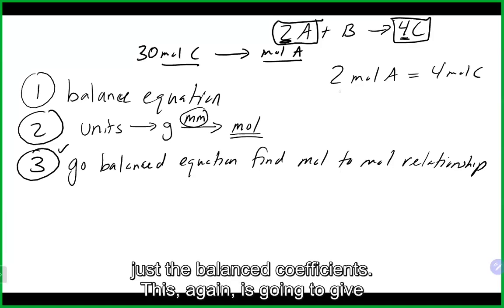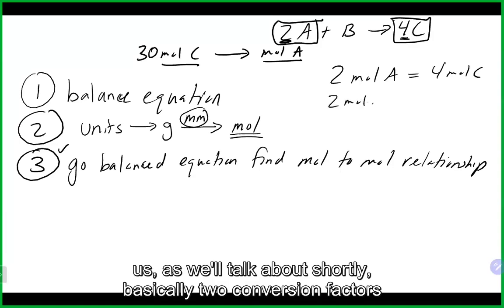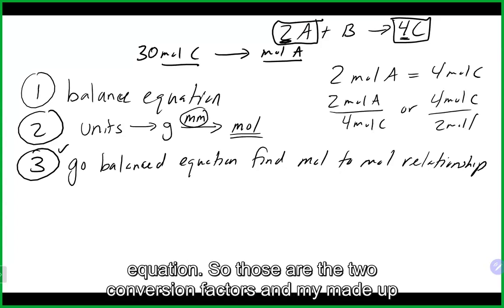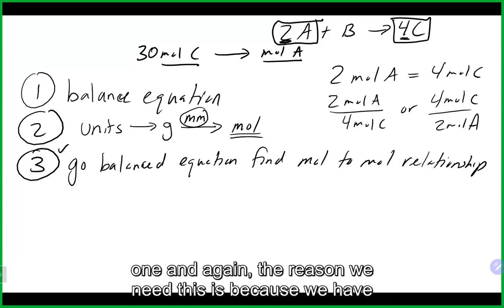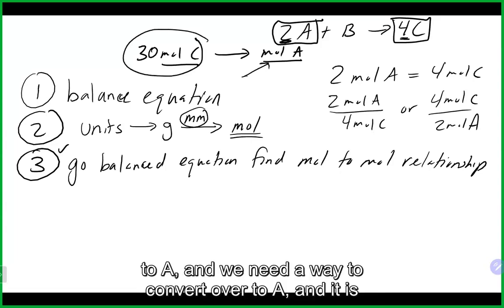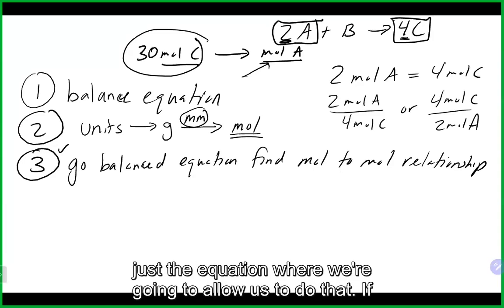This is going to give us, as we'll talk about shortly, basically 2 conversion factors that we could use that we essentially got from the equation. So those are the 2 conversion factors in my made up one. The reason we need this is because we have information about C, but ultimately we want to get over to A, and we need a way to convert over to A, and it is just the equation that's going to allow us to do that.